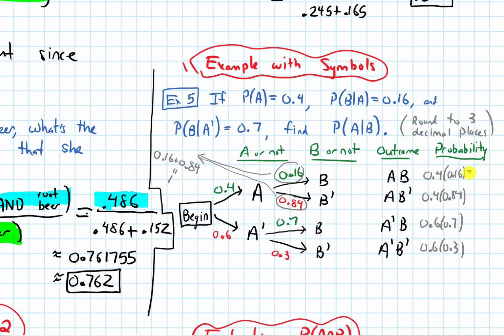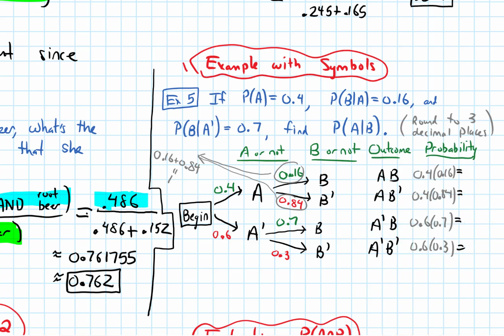I'm running out of room a little bit, so I'm trying to write this small. I just scooched that over a little bit, and now multiplying. This first value is 0.064, then it's 0.336, and then 0.42, and that last one is 0.18.